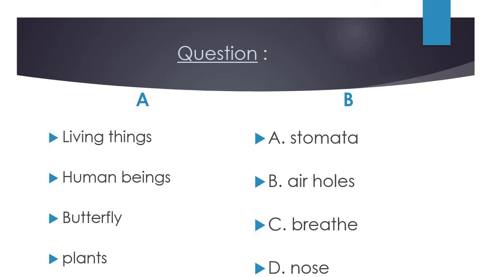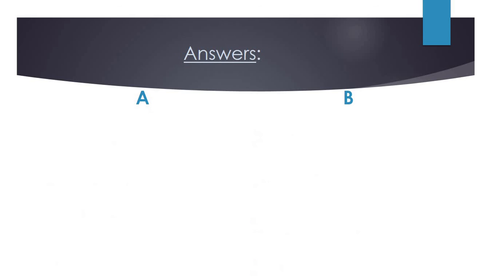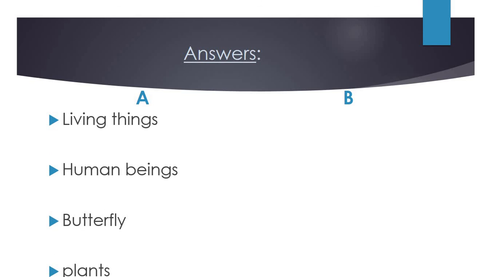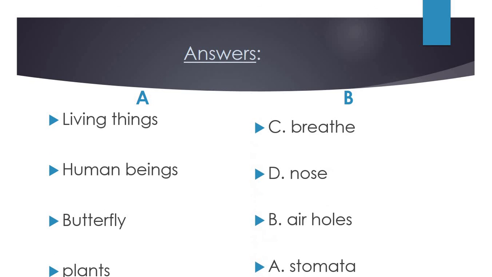Okay, I will not ask you to wait a lot. Here are the correct answers. A will remain as it is. So, living things, please start writing the answers, students. Make sure you do not change the options, like C will remain C only.